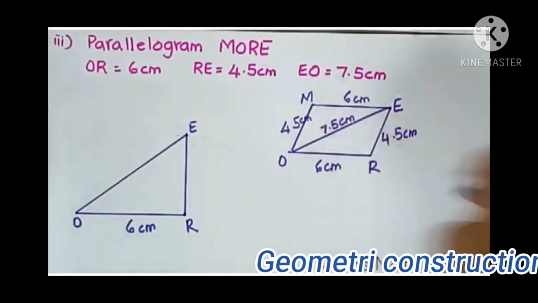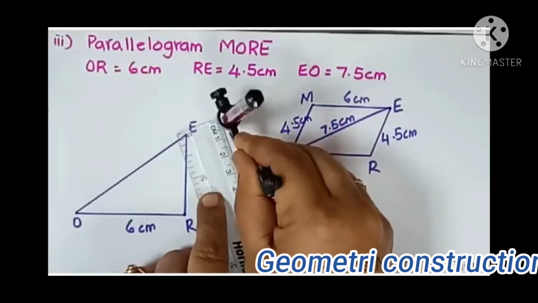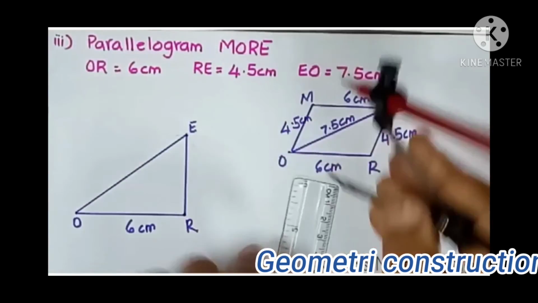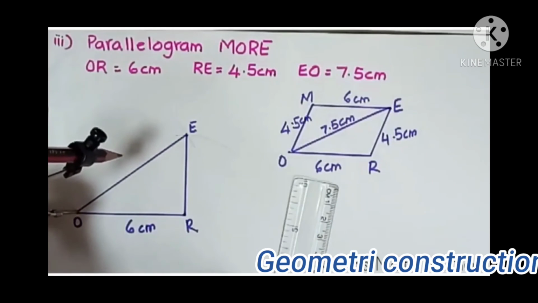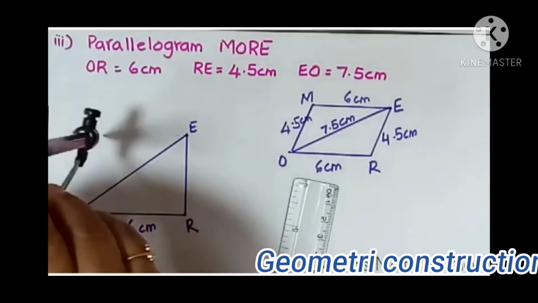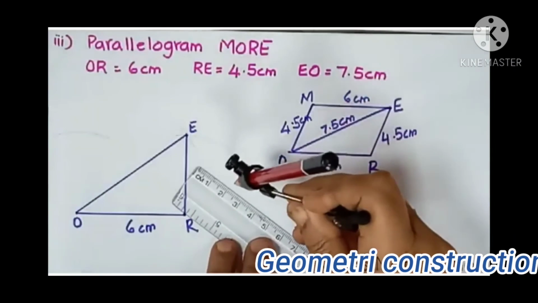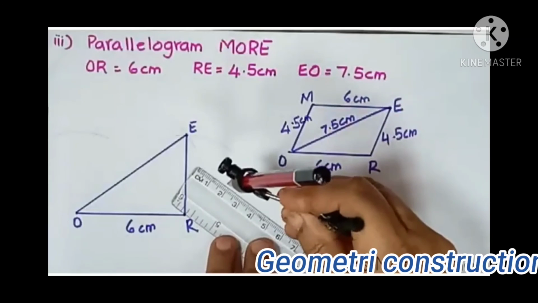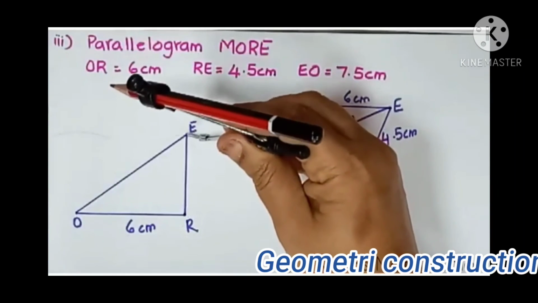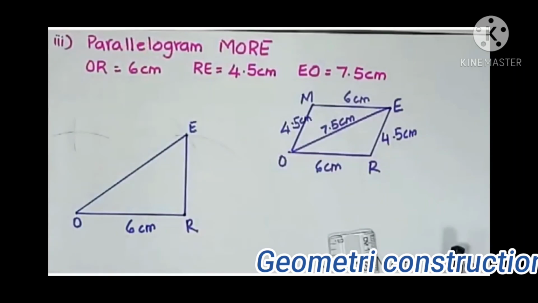Next we have to construct another part, that is OM is equal to 4.5 centimeter. Take the measurement 4.5 centimeter. Again with O as a center, draw an arc. Next take 6 centimeter as measurement by using your scale. Again with E as a center, cut the previous arc.